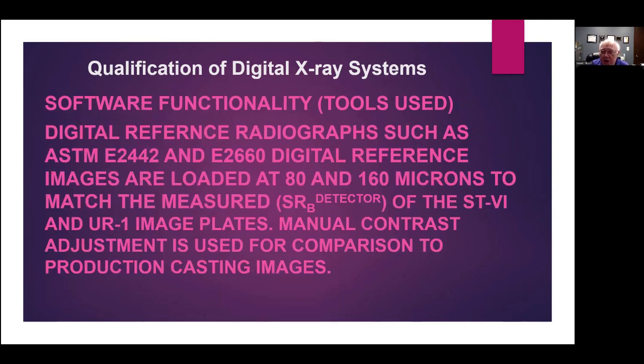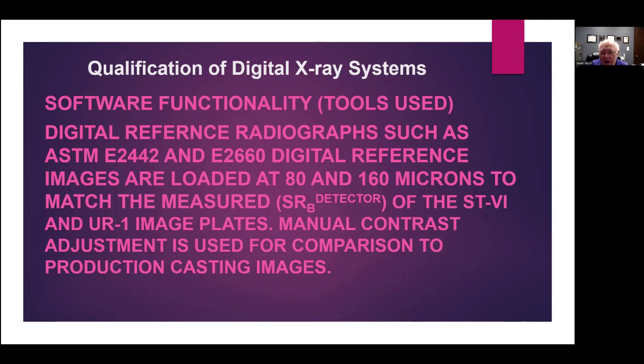More functionality tools. There are reference radiographs. For instance, if you work with aluminum, you're probably used to ASTM E2033. Well, now in the digital world, they've made those into digital reference radiographs. And basically, they mimic the E2033 images.